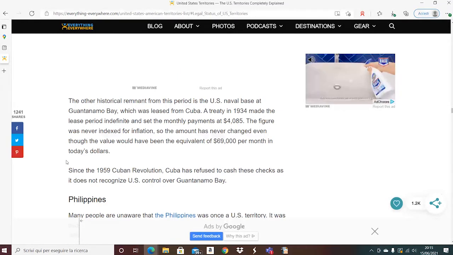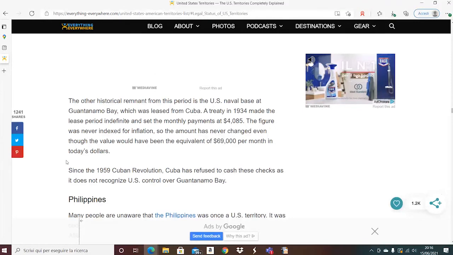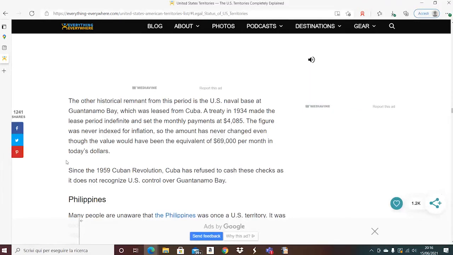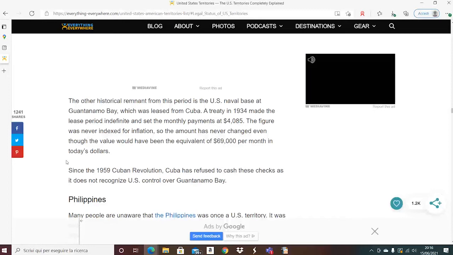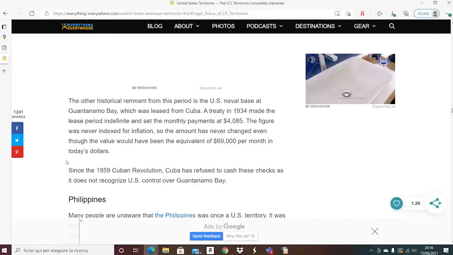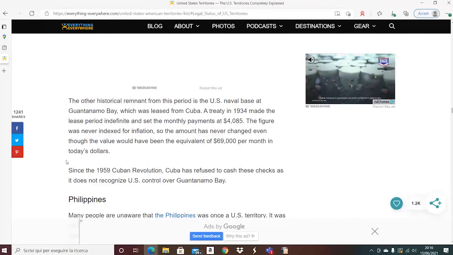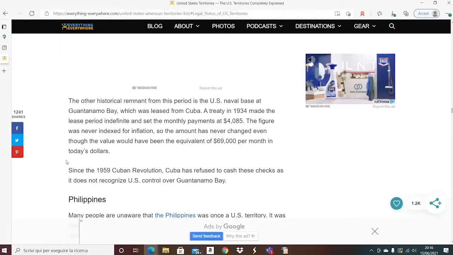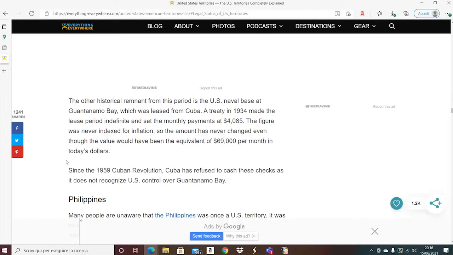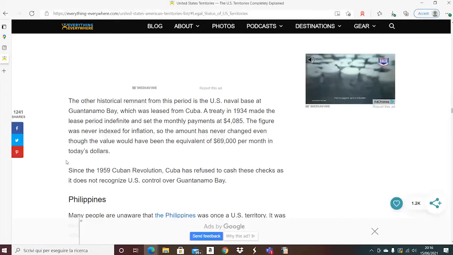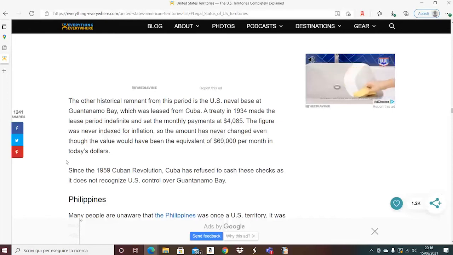Okay, so the other historical remnant from this period is the US naval base at Guantanamo Bay, which was leased from Cuba. A treaty in 1934 made the lease period indefinite and set the monthly payments at $4,085.